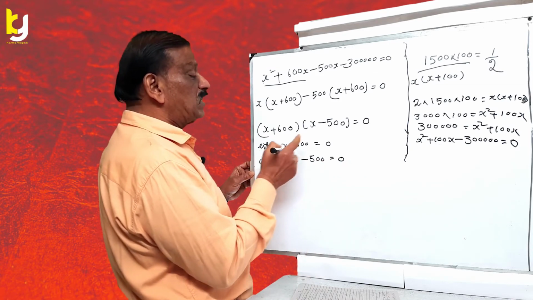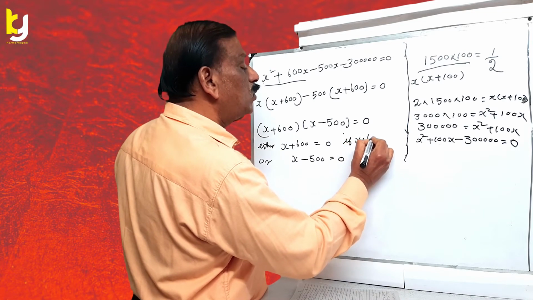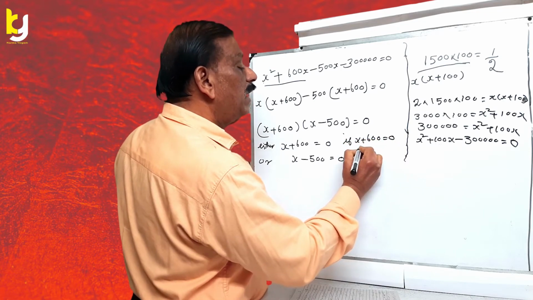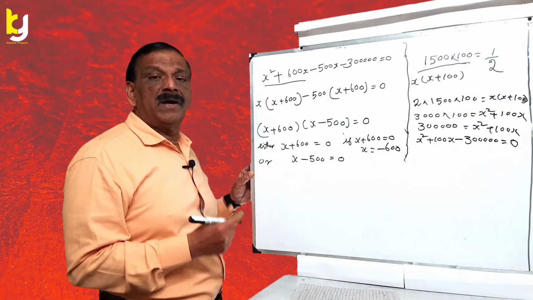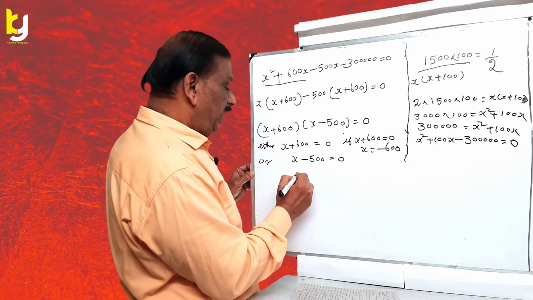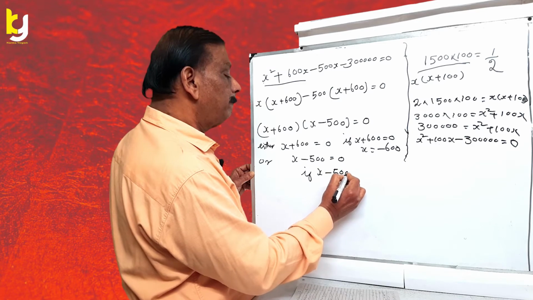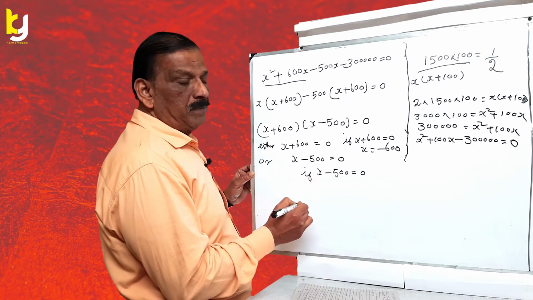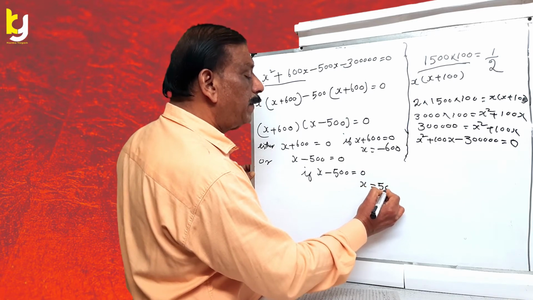If x plus 600 equals 0, x equals minus 600, but we will not take the negative value. If x minus 500 equals 0, x equals plus 500.